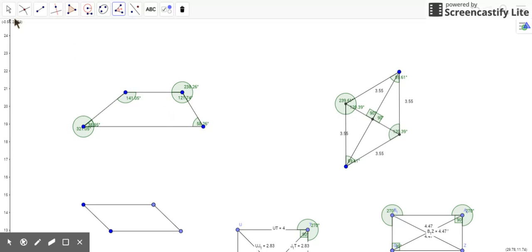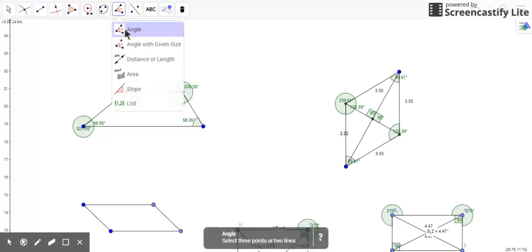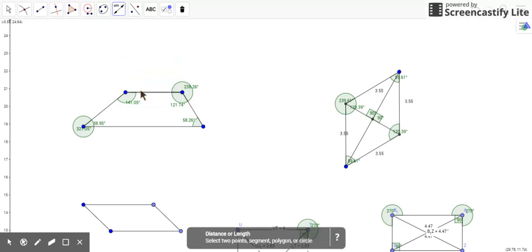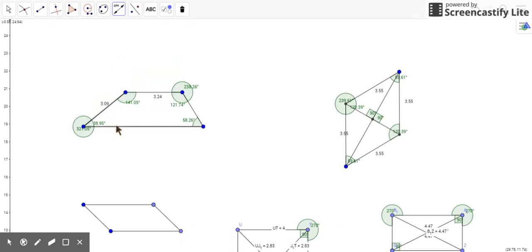As you can see, none of these are the same. No sides are the same. I'll show you that. And angles on the left add up to 180.